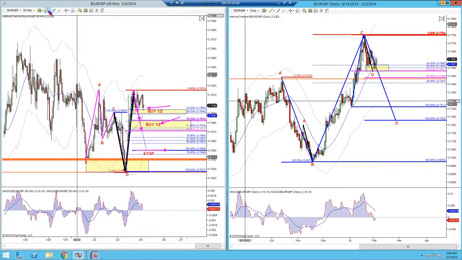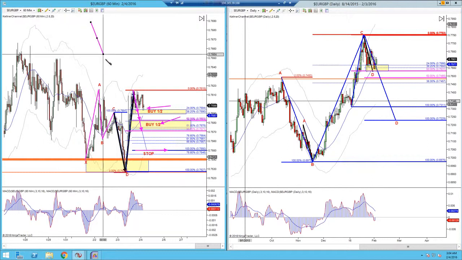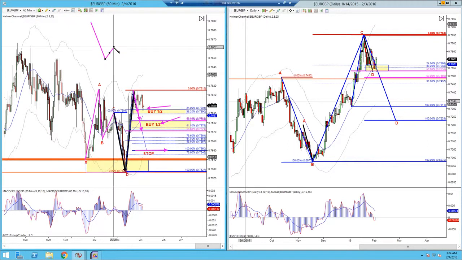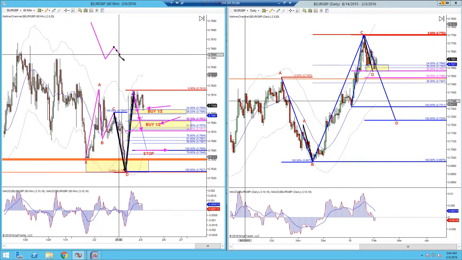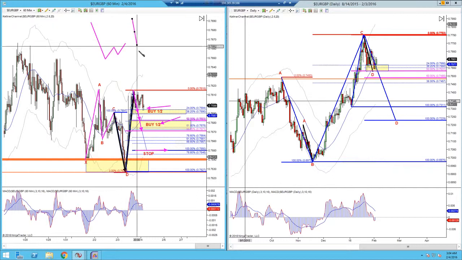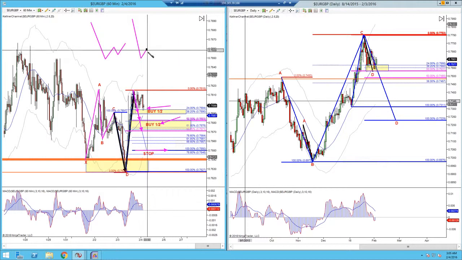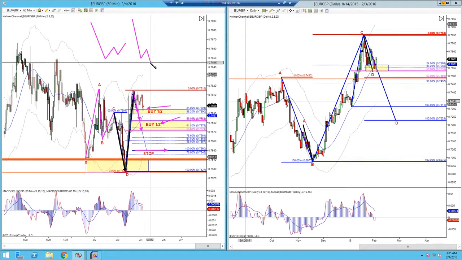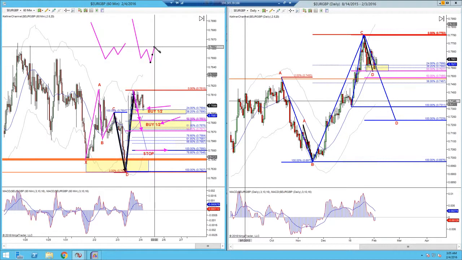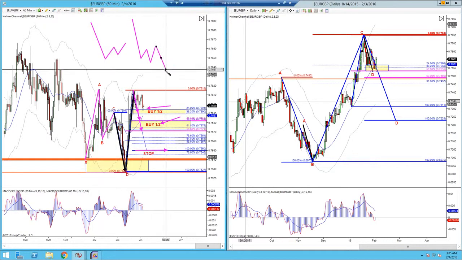Now, let me explain something to you so you understand. You can have the argument where you have a downtrend, a retracement, and we still would look for lower swings.